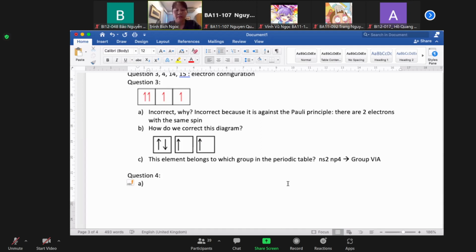Configuration and NS2 and P5, này là group 6 thì cái này là group gì ạ? Seven A. Có 7 electron ở lớp ngoài cùng. Như vậy nó thuộc nhóm 7A.